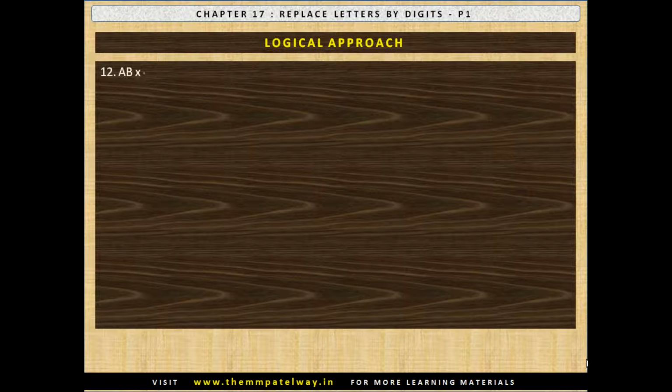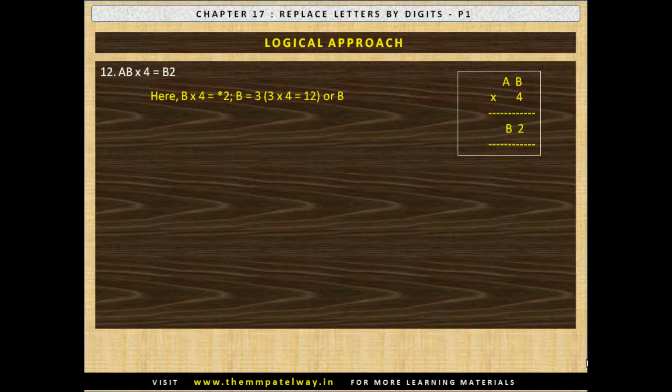Number 12. AB into 4 equals B2. Here B into 4 equals star 2. Now B will be equal to 3, that is 3 into 4 equals 12, or B will be equal to 8, that is 8 into 4 equals 32.